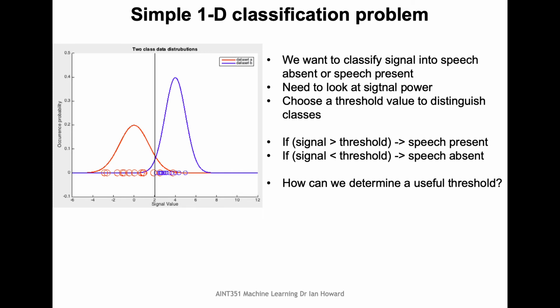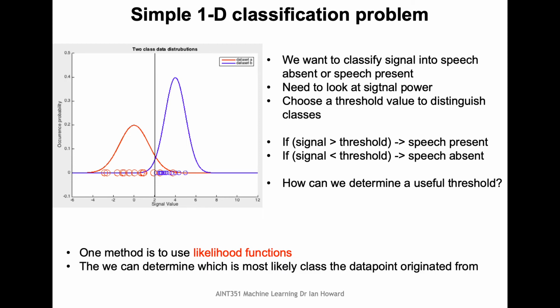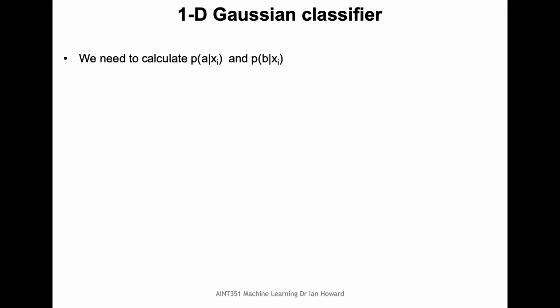That's the next question. One method, and there are many methods of doing this, is to use the idea of a likelihood function: how likely is it that the data came from one class or the other? Taking one class as A and one class as B, what we need to calculate is the probability of class A given the data and the probability of class B given the data.